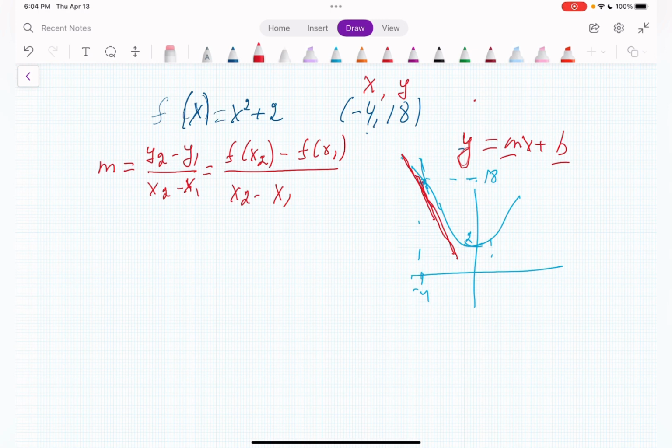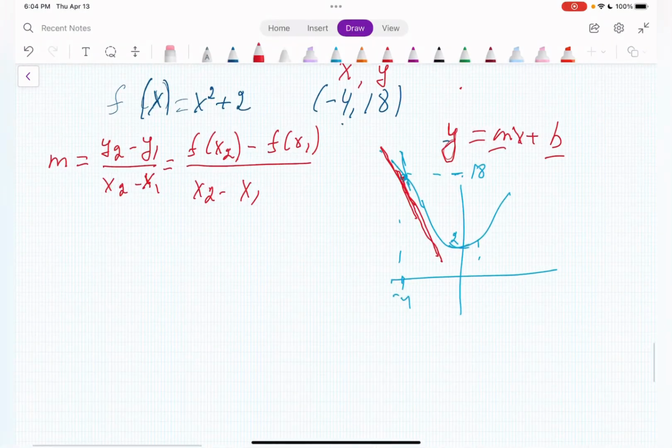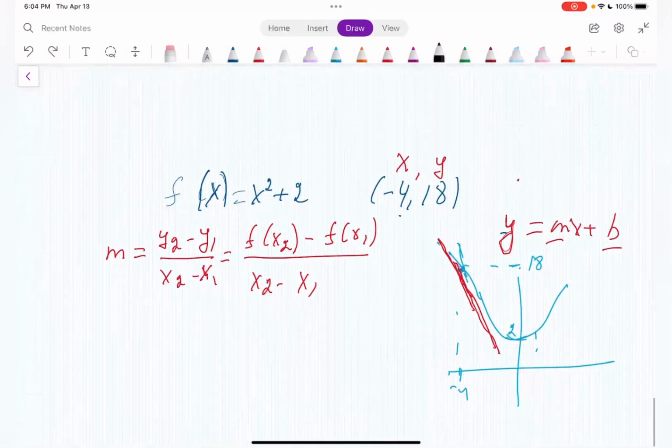So how are we going to find it? First of all, we need to find, as I said, the slope. What we're going to do is, let's say I take a point here, it doesn't matter which one.